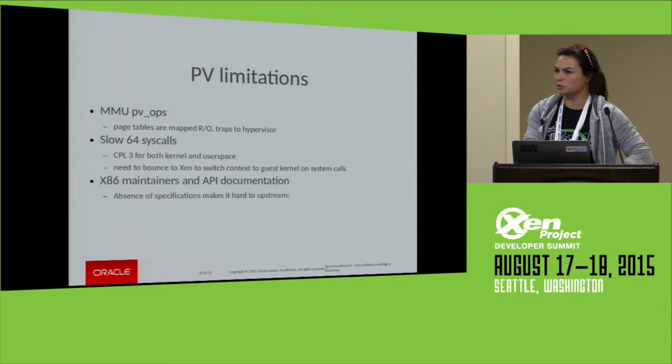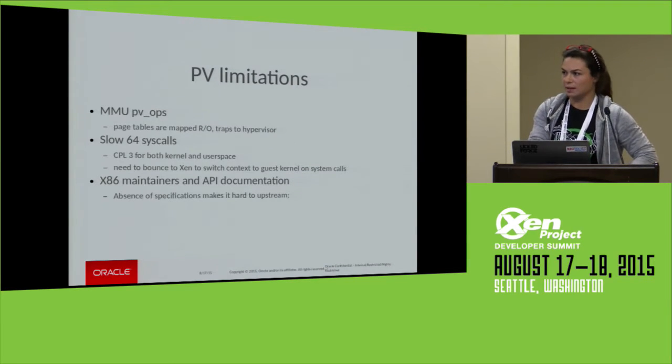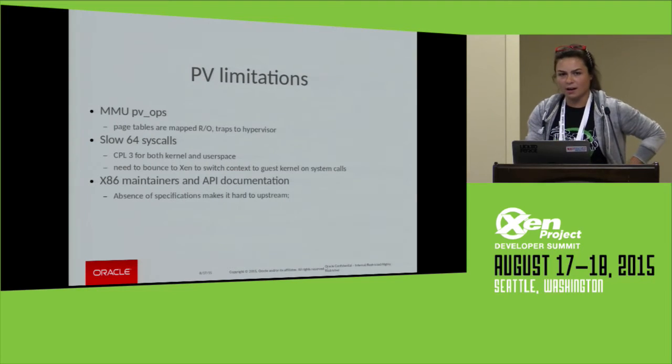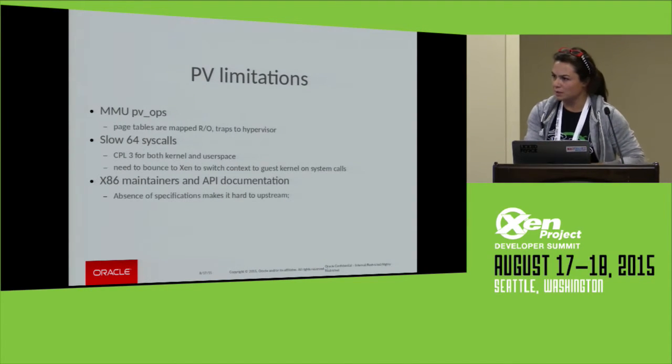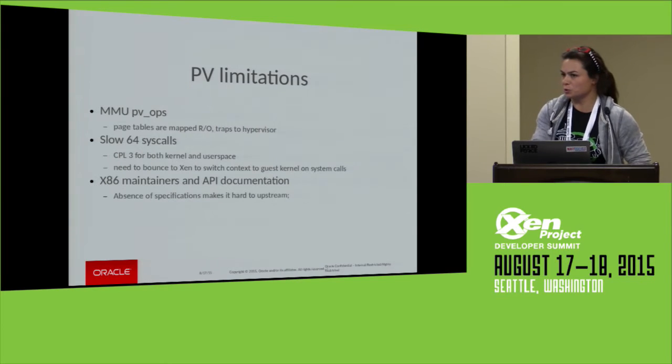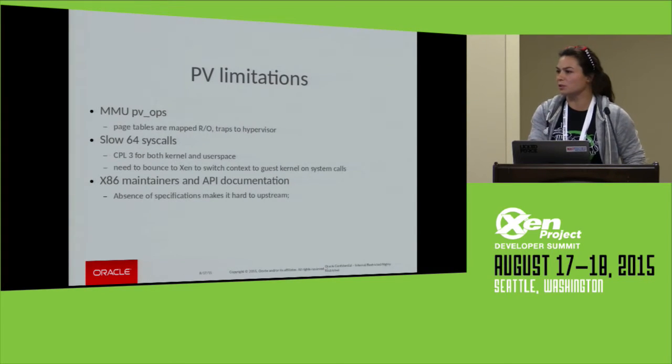Also, there are slow 64-bit system calls, caused by changes in the AMD64 architecture some time ago, due to the elimination of segment limits, which were used as an additional protection level for Xen. Developers were forced to move the PV kernel to ring 3 for 64-bit, so now the PV kernel and user space run in the same ring.